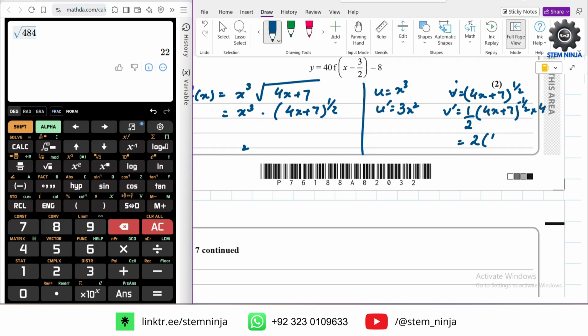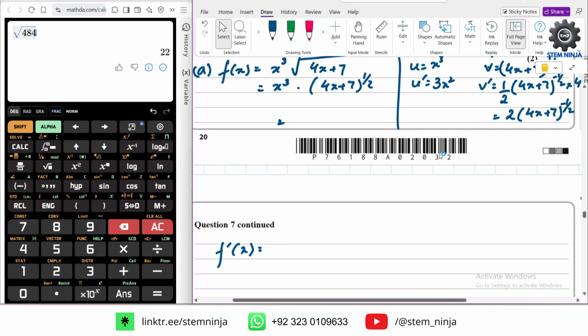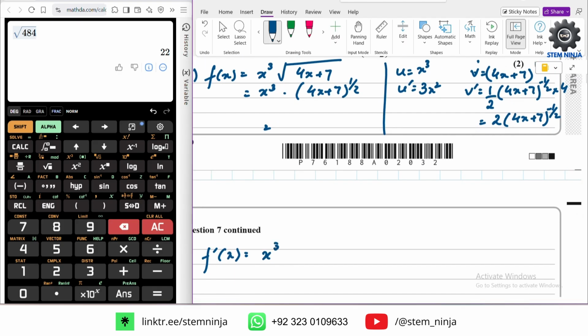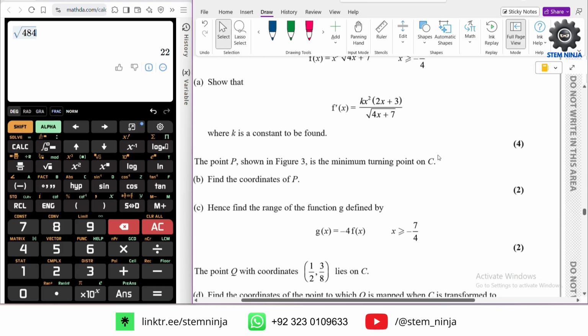So this would be just 2 times 4x plus 7 to the power minus 1 over 2. Right, okay, so f prime of x would be u v prime plus v u prime: x cubed times 2 times 4x plus 7 to the power minus 1 over 2, plus 3x squared times 4x plus 7 to the power 1 over 2. Right, in what form did we require this?